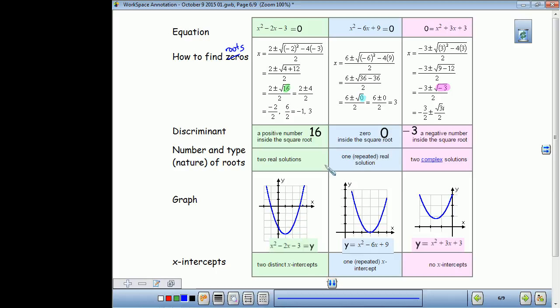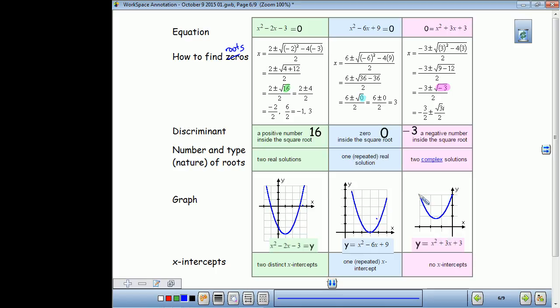So let's think about, we talked about a couple times, when it's 0, that means it's going to touch in just 1 point. But if it's negative, if there are no real roots, there are only complex solutions, it's not going to cross at all, is it?